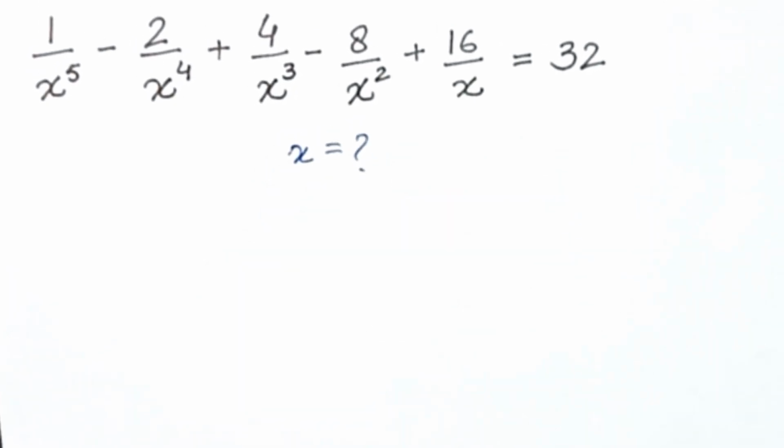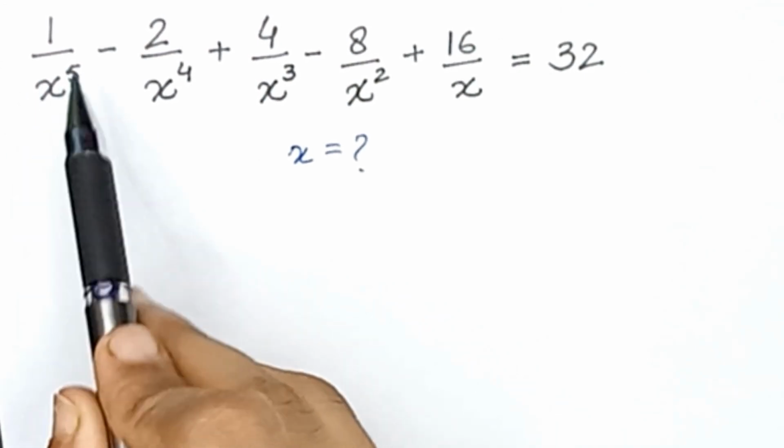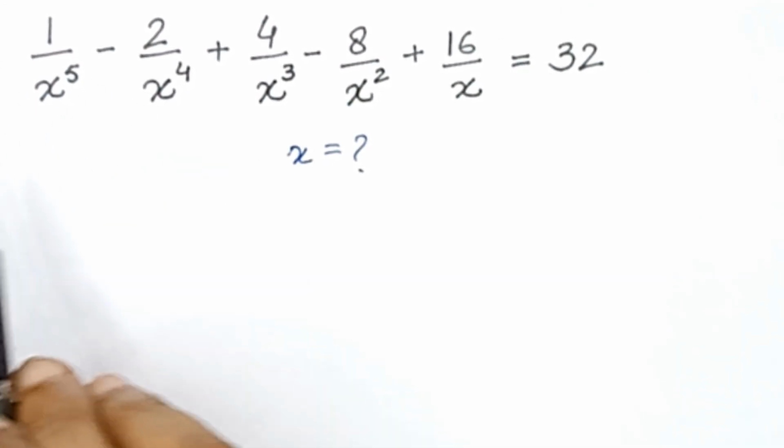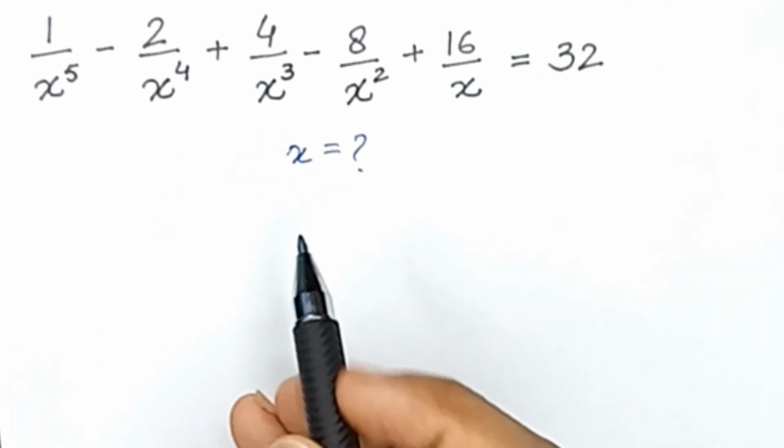Okay. So in the denominator we have highest power 5, so we will multiply the whole equation by x raised to the power 5.